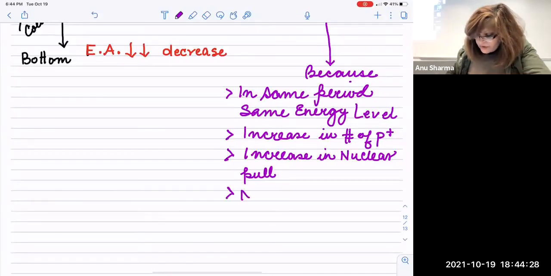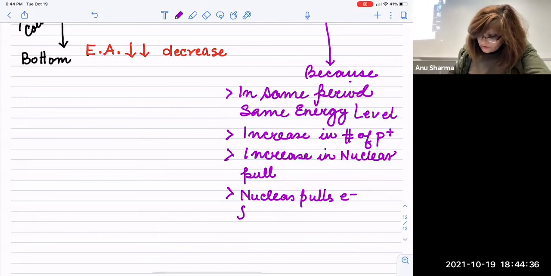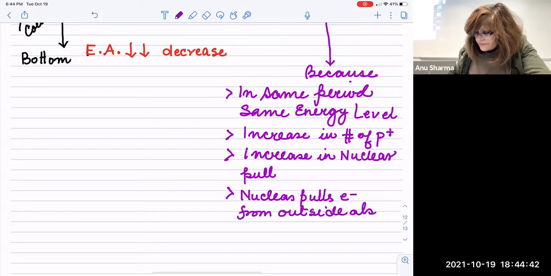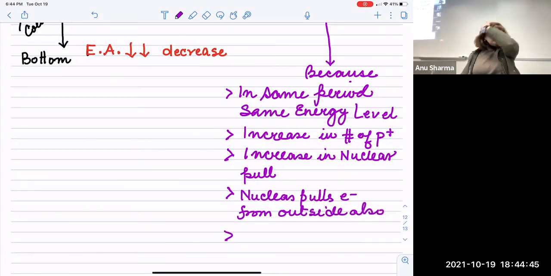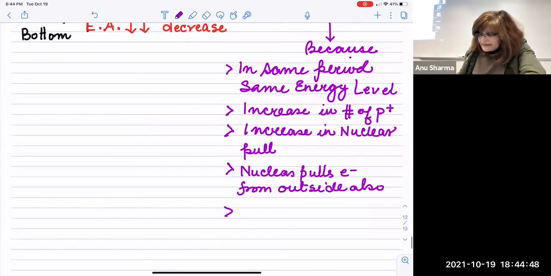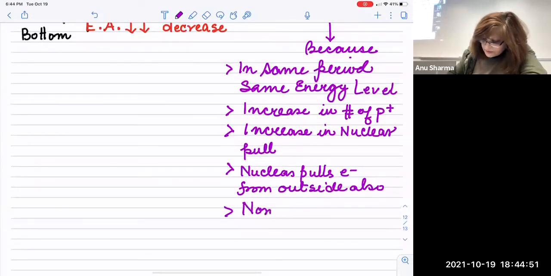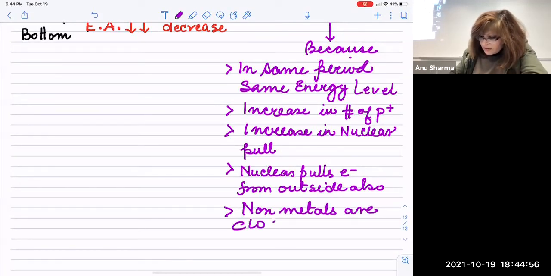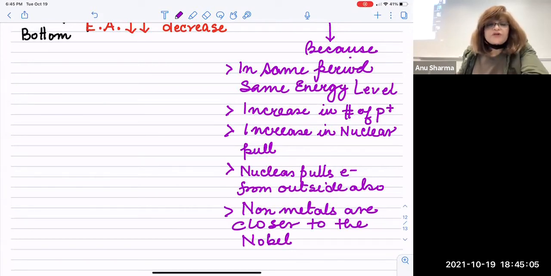So keep this in mind, that the nucleus pulls electrons, also from outside. Here we have the nucleus pulling the electrons. Besides this, the non-metals are closer to the noble gases. So when one more electron is added, they start looking like a noble gas.